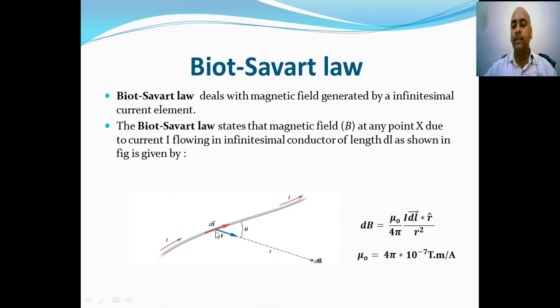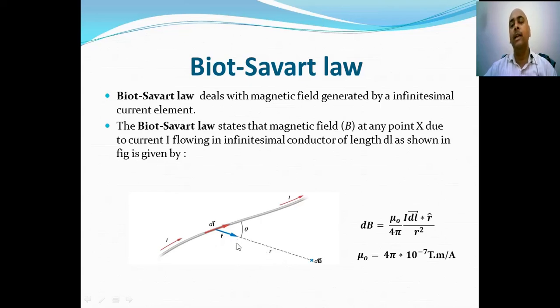So here in this case, let us suppose the radial distance between the current element IDL and the observation point x is r, and the unit vector along the radial distance r is r cap.